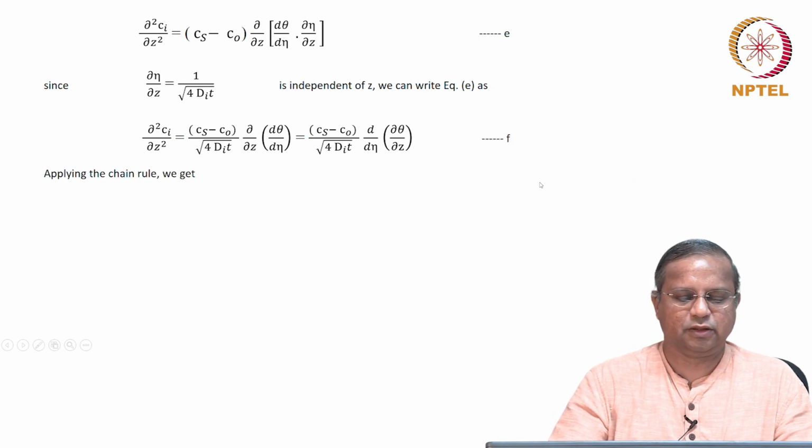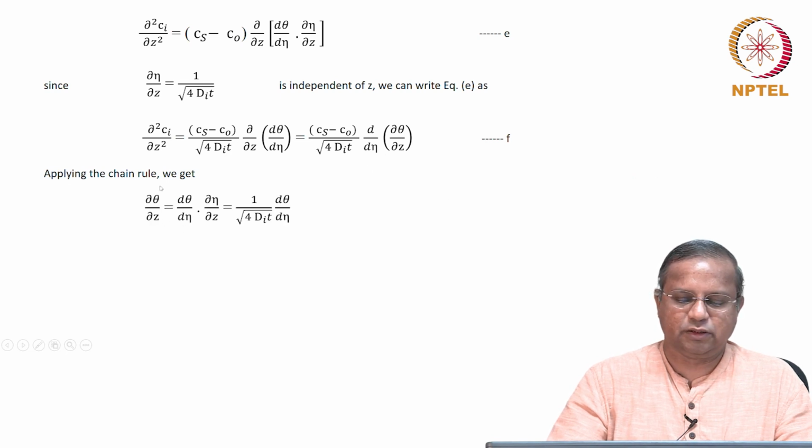F. Now, if we apply the chain rule, we are looking at dou theta by dou z. Dou theta by dou z is d theta by d eta times dou eta by dou z. We already saw that we can replace the partial by the total, therefore, d theta by d eta dou eta by dou z.